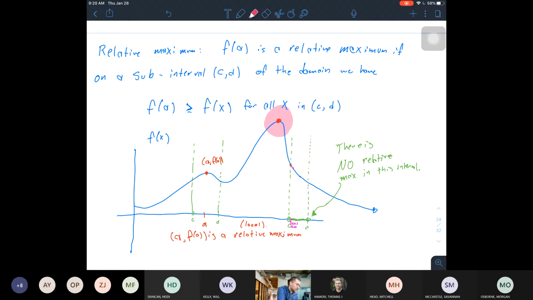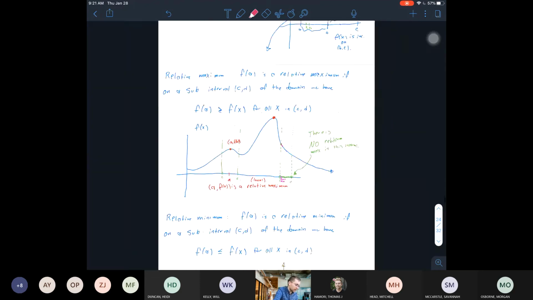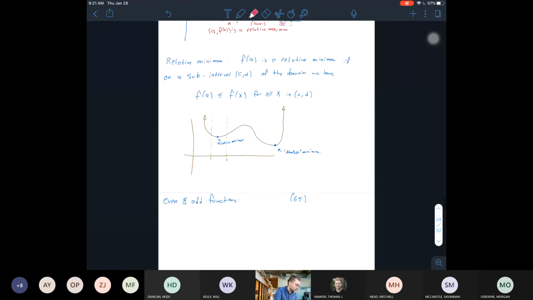If we consider this subinterval to be the competition in their state, then they were the best in their state. But if we widen the scope of our search to include the nation or the entire world, then they're not quite the best anymore. So that's relative maxes and relative mins.